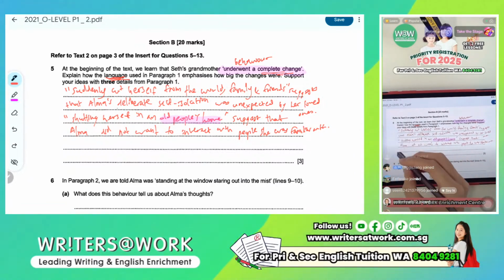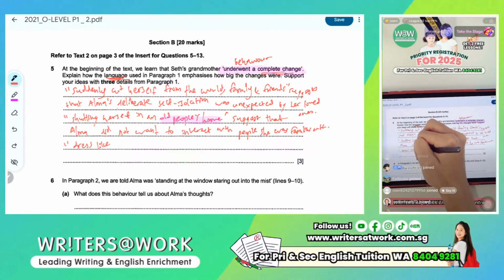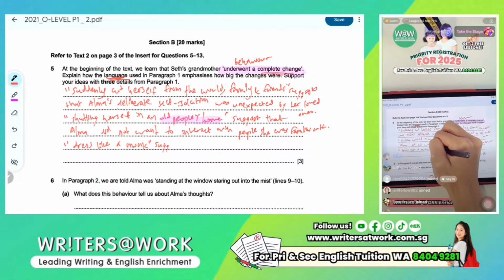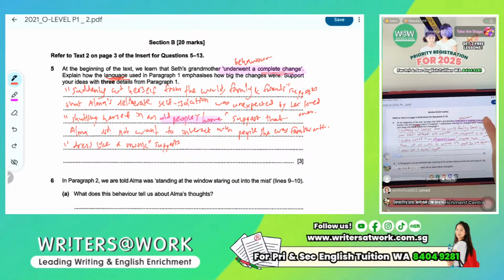Okay. Lastly, she dressed like a monk. When you have this kind of simile, you need to ask yourself, how does a monk dress? I have in mind the Tibetan kind of monk, so it's like the orange drab. For males, it's usually bald. They are very quiet, in a very zen mode.